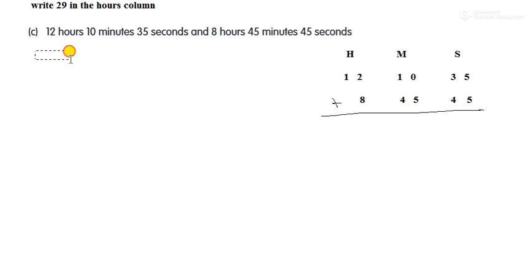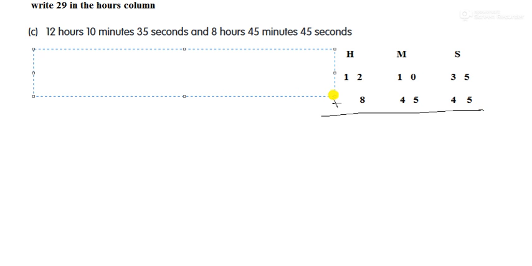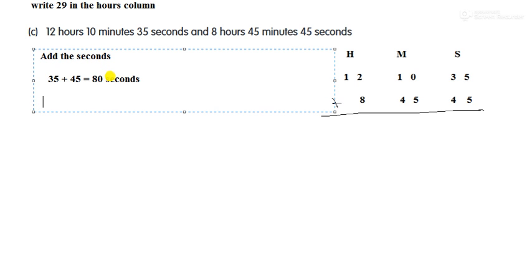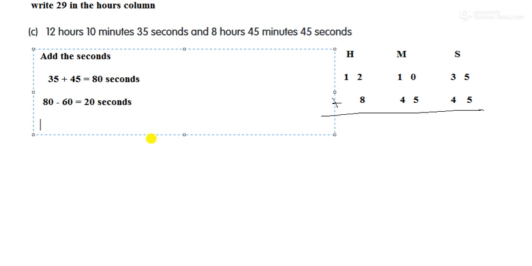Here add the seconds. 35 seconds plus 45 seconds equals 80 seconds. Here 80 minus 60 equals 20 seconds.